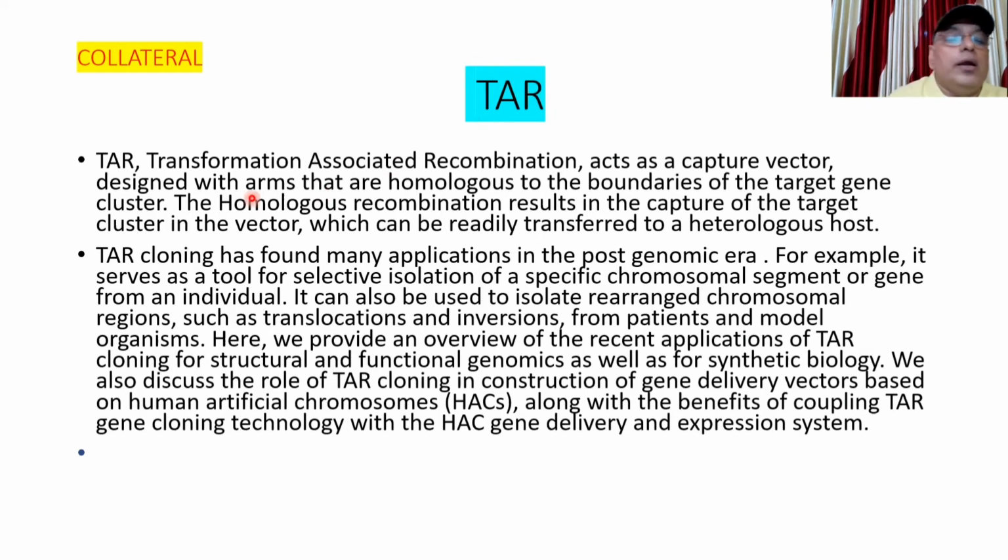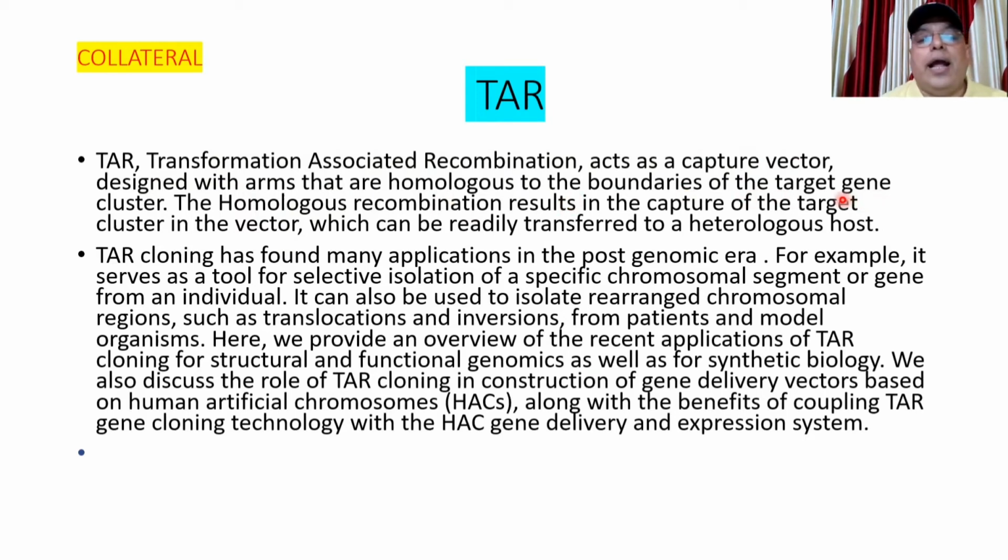So what is TAR? TAR is transformation associated recombination, and it acts as a capture vector. It captures a particular stretch of DNA, designed with arms that are homologous to the boundaries of the target genes.